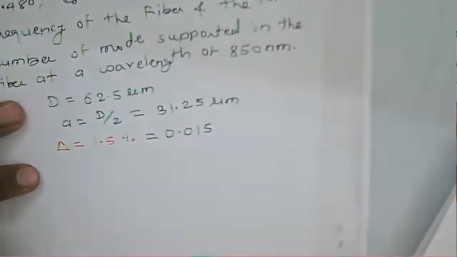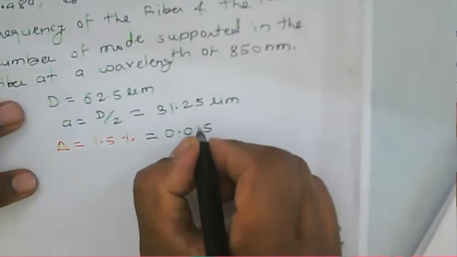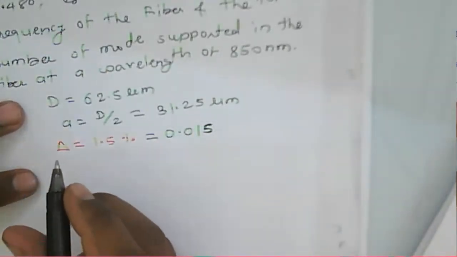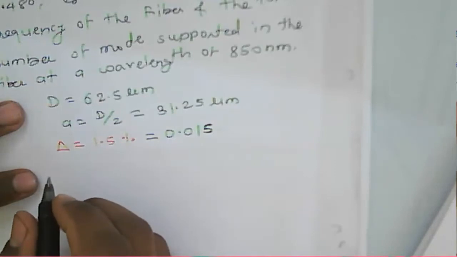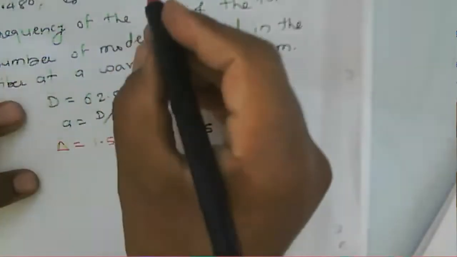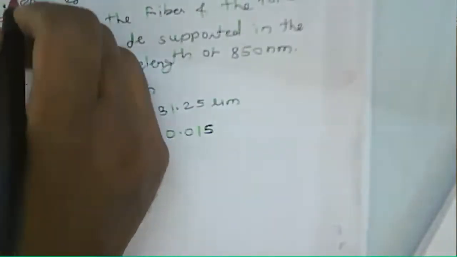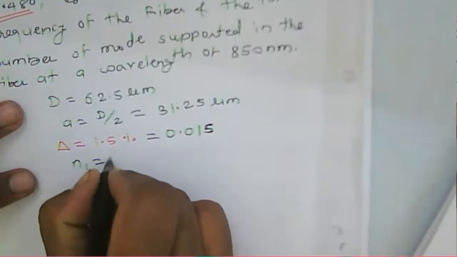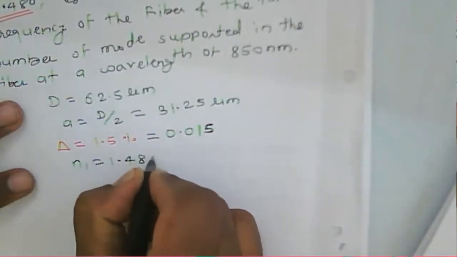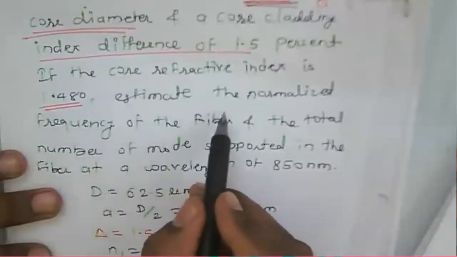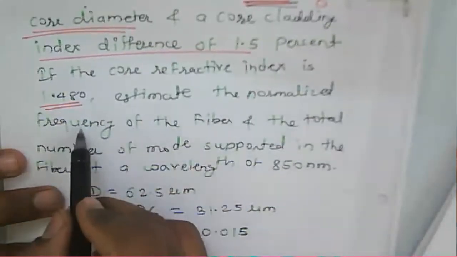Instead of percentage, we can write del as a number, 0.015. Next, the core refractive index N1 is given, N1 is equal to 1.480.